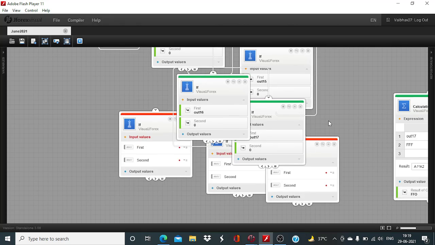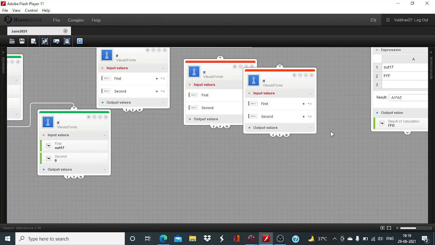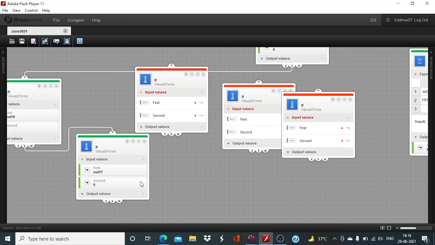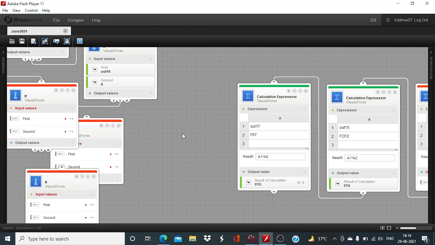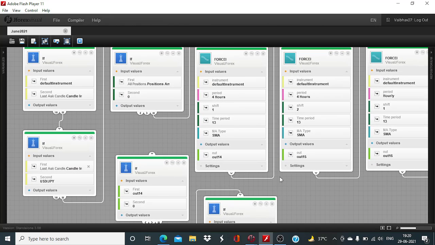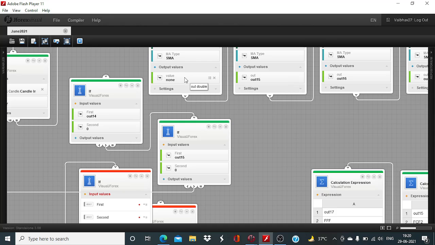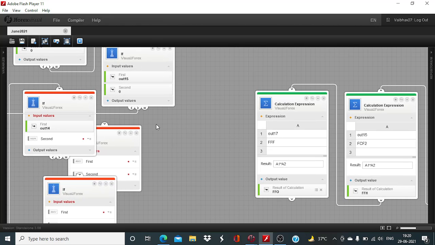Alright, now again we will have to carry out the comparison. First input greater than second input. The out 14 will need to be compared to the twice of out 15, which is FFH.